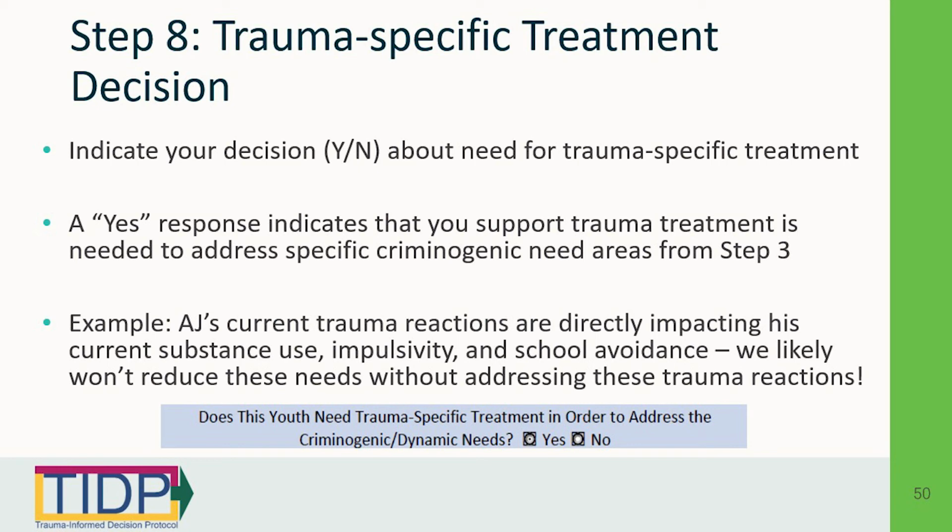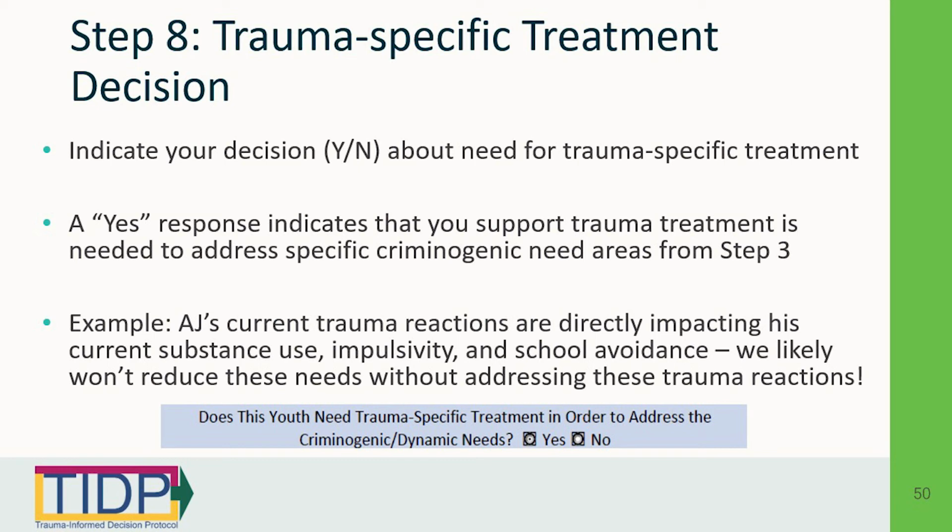So here might be an example of this. AJ's current trauma reactions you see as directly impacting his current substance use. You also see it impacting his impulsivity that is scored on the personality behavior domain, and the possibility of some concerns about some school avoidance, even though that isn't popped as a high need area as of yet.